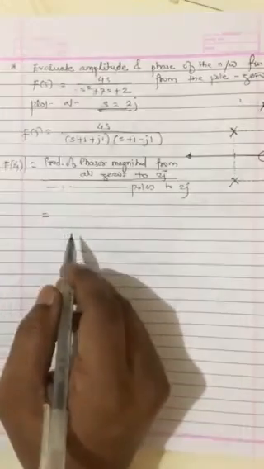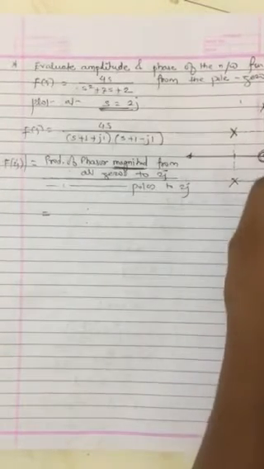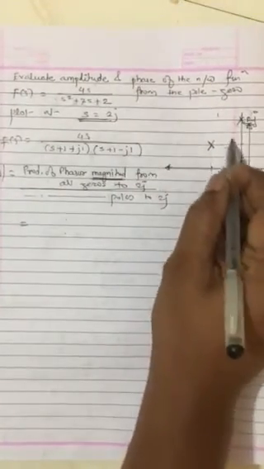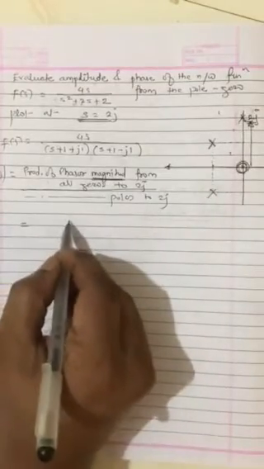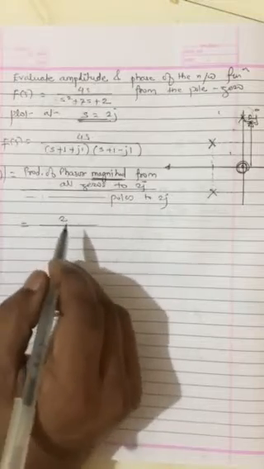So here we have to calculate the magnitude separately and the angle separately. Now as I said, the product of phasor magnitudes, this is the new point. From zeros we will take the numerator, from poles we will take the denominator. Only one zero is there. What is the magnitude of the phasor from 0 to this point 2j? It is 1 plus 1, that is 2, right? So in the numerator I will take 2, the angle will not be taken, this is only for magnitude.